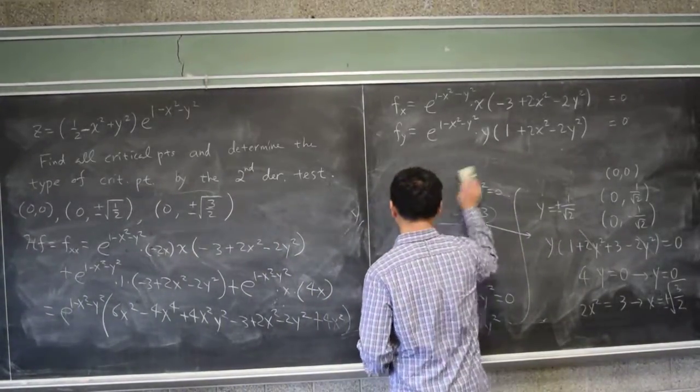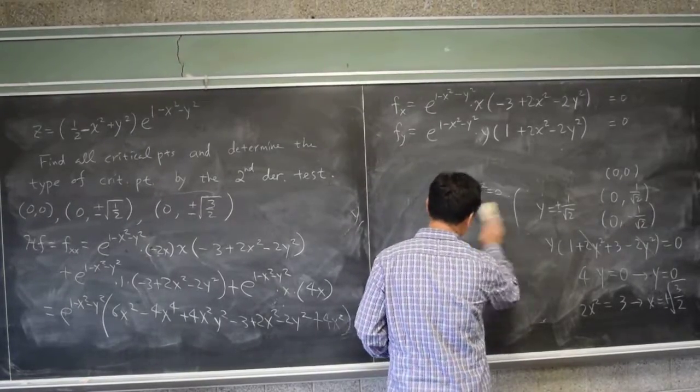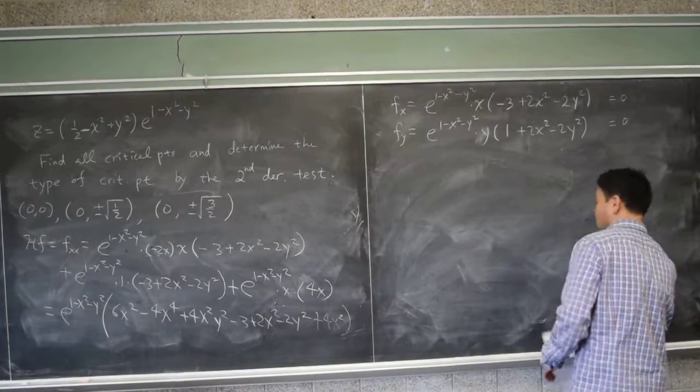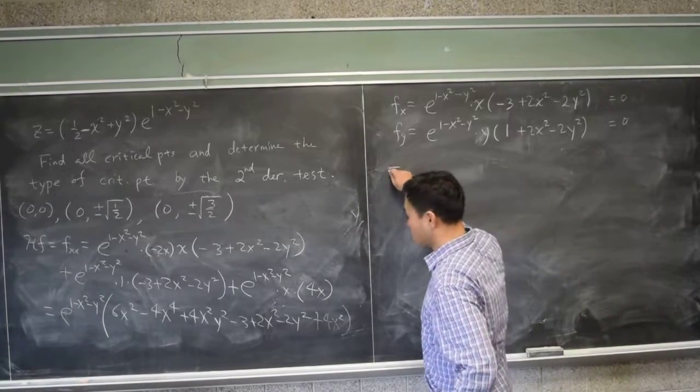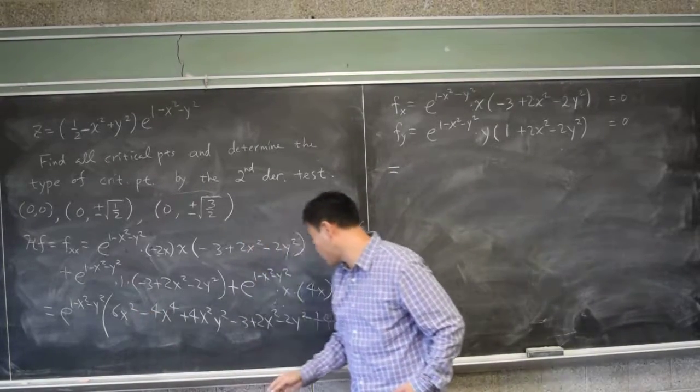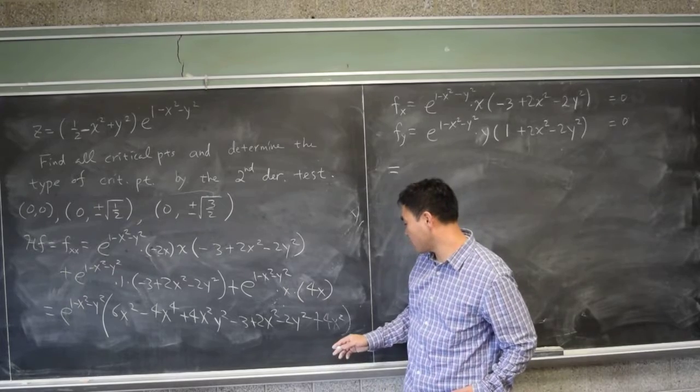To simplify further, combine the like terms. So you have minus 6x squared plus 2x squared plus 4x squared.